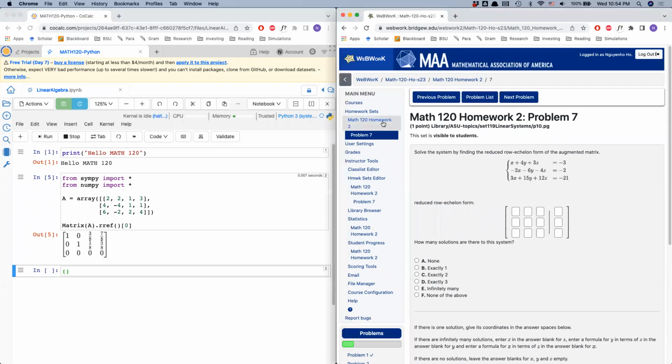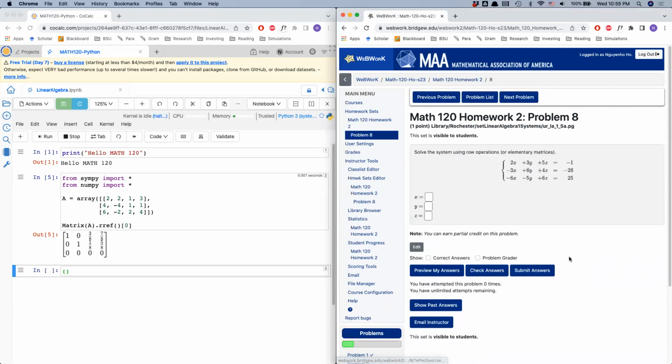Okay, so let's move on to problem 8. Similar to the last few problems that we have done. Again, use the elementary row operations. That means that you can turn this into the reduced row echelon form. The augmented matrix. Utilize the code to give you the reduced row echelon form, and you obtain X, Y, and Z from there.